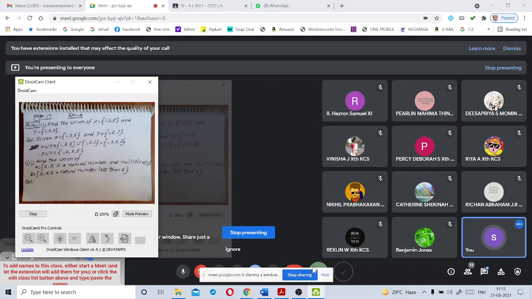If you observe, is it a finite set or infinite set? Can you tell me? Set A, is it a finite set or infinite set? Set A, multiple of 3.